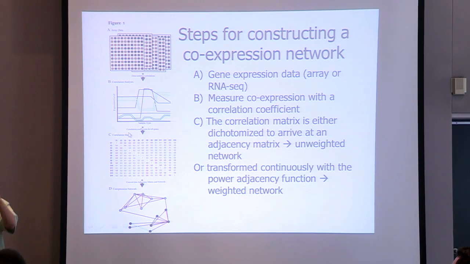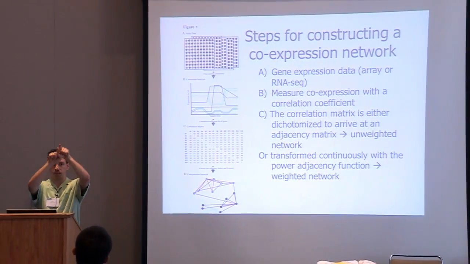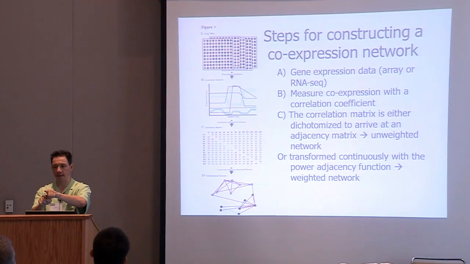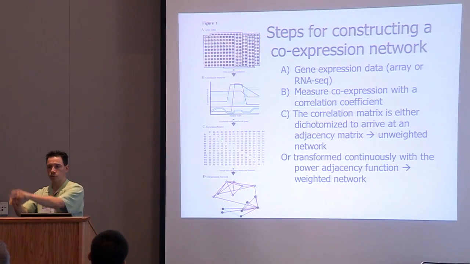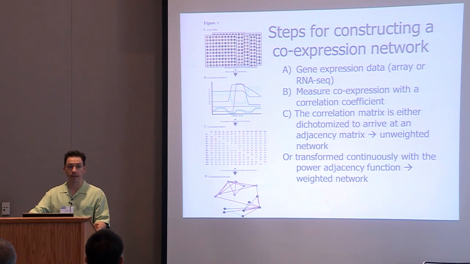And let's say we have these two genes colored in green, and in the first person they take a low value, in the next person they take a higher value, in the next person they take a low value again, and so they go up and down together across these 50 people. Then we say that these two genes are co-expressed across the samples.